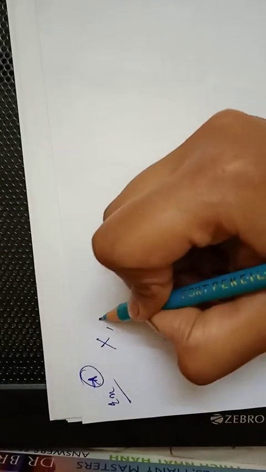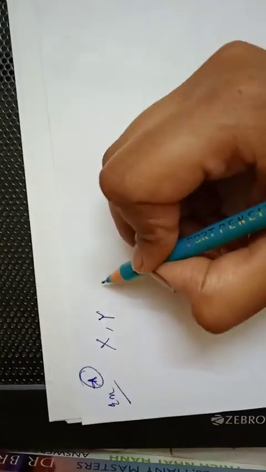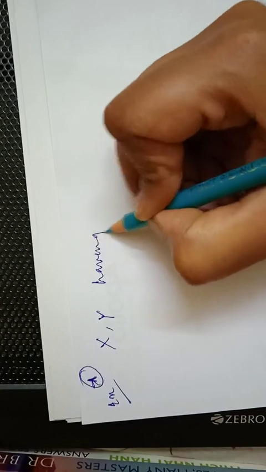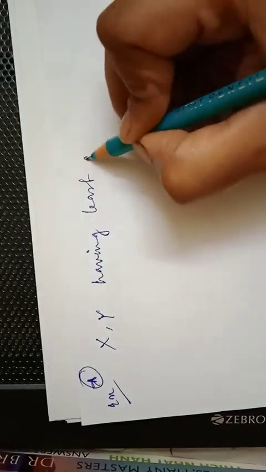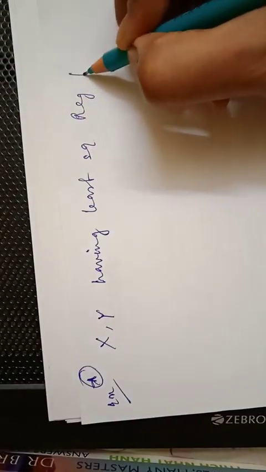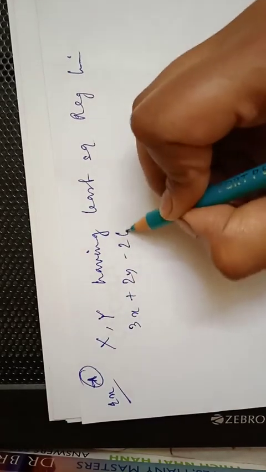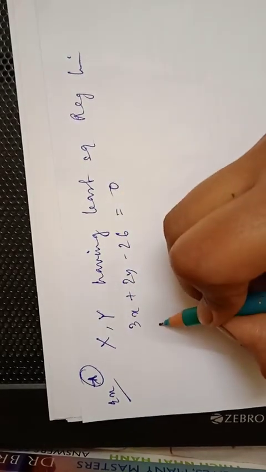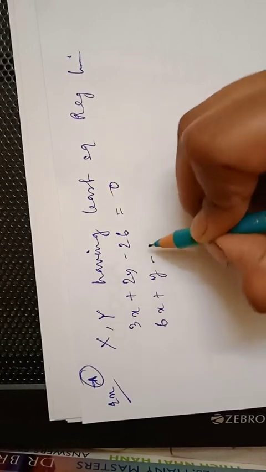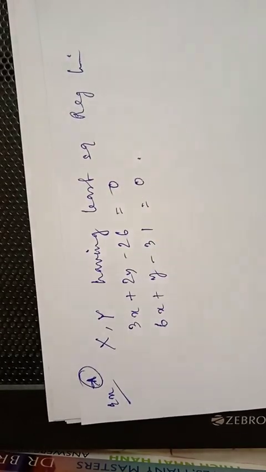So the first one: two random variables x and y having least square regression lines as 3x plus 2y minus 26 equals 0 and 6x plus y minus 31 equals 0.